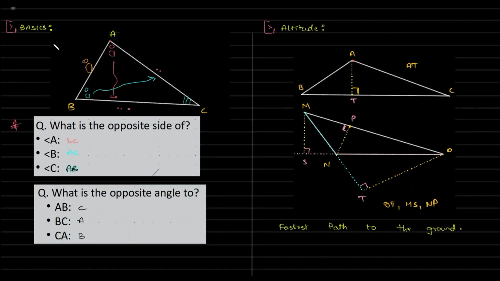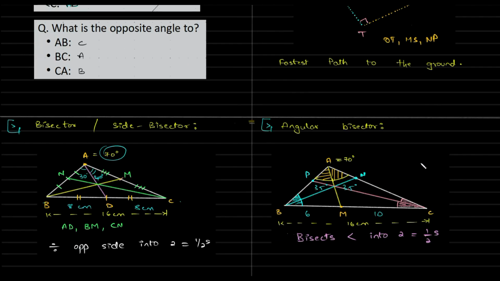Again, you need to understand what is the opposite side of different angles and the opposite angles of different sides. And altitude, mainly I'm not looking at the definition, but the idea of how to draw an altitude and that it is the fastest path to the opposite side, if not an extended part of the opposite side. It always has to be perpendicular.